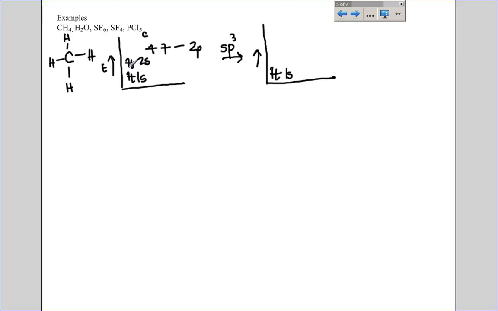Now, as you know, when we take 4 orbitals, so 1 s and 3 p orbitals, and we hybridize them, we're going to be producing 4 hybrid orbitals. And as you saw from the little video, all of the orbitals are exactly the same. So they're now going to be the same energy. So these orbitals are going to be called 2sp3.